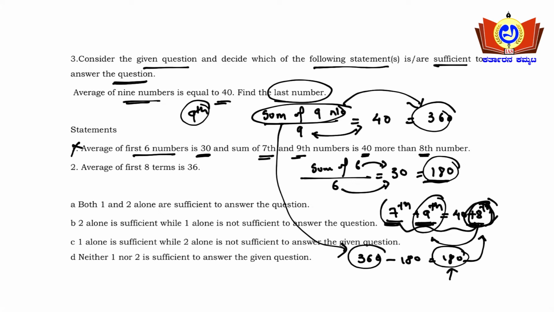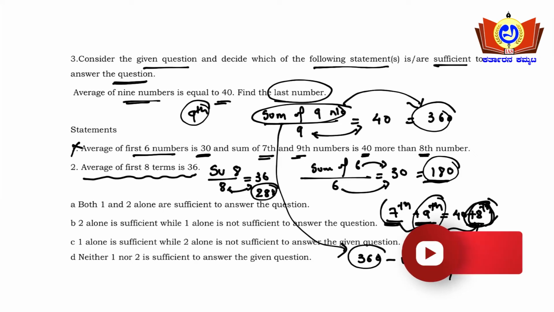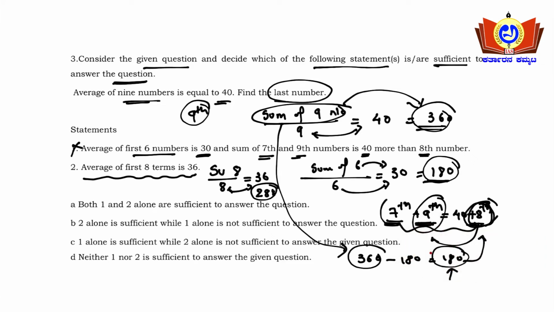Now we shall examine the second statement. Average of first 8 terms is 36. It is the sum of 8 numbers divided by 8 equals 36. So the sum of 8 numbers will be 36 into 8, that is 288. Now we know two conditions: the sum of 9 numbers is 360 and the sum of the first 8 numbers is 288. 360 minus 288 gives 72, and this is the 9th number, my dear friends.